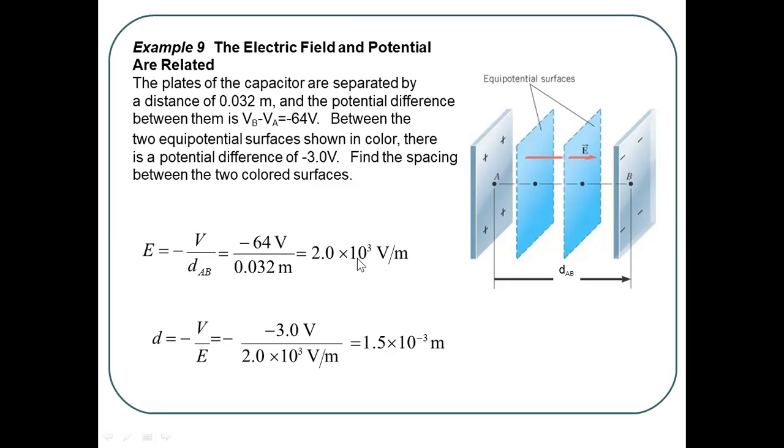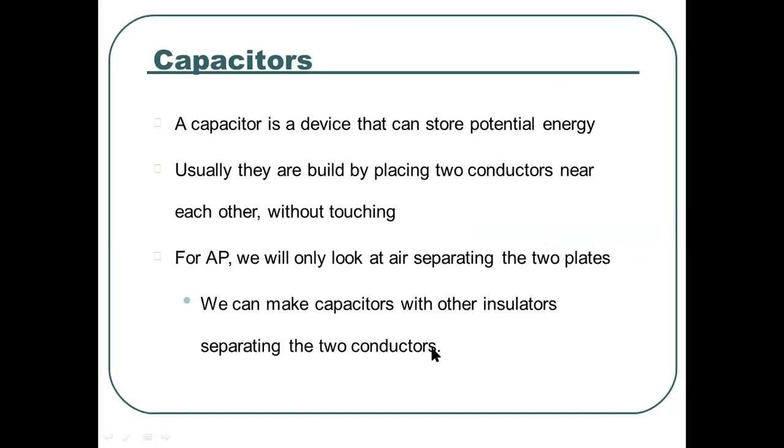Here, we're going to substitute that. So this gives us an answer of 1.5 times 10 raised to negative 3 meters.